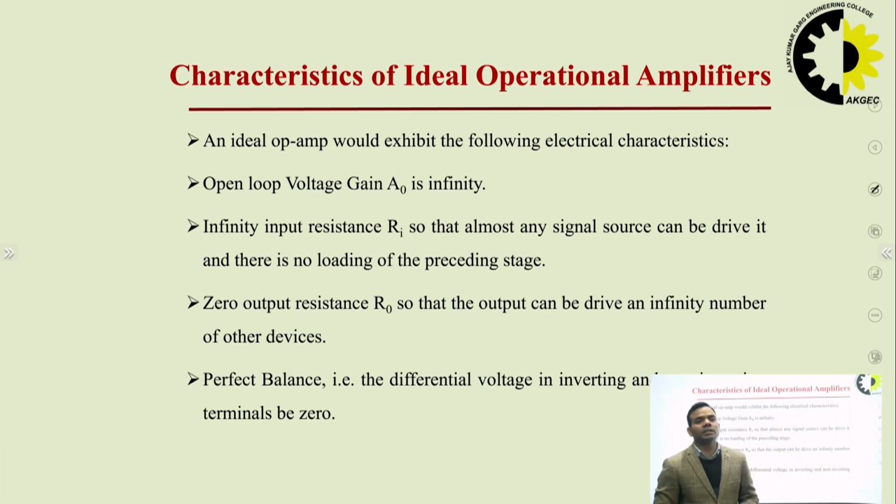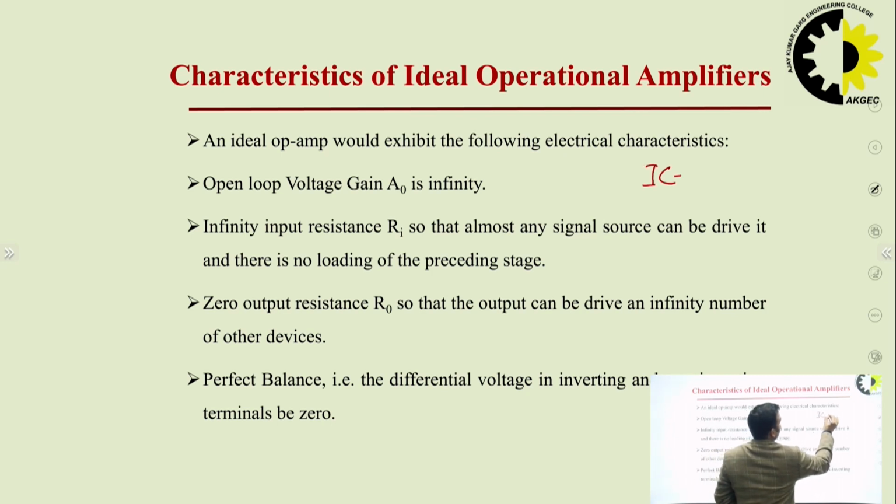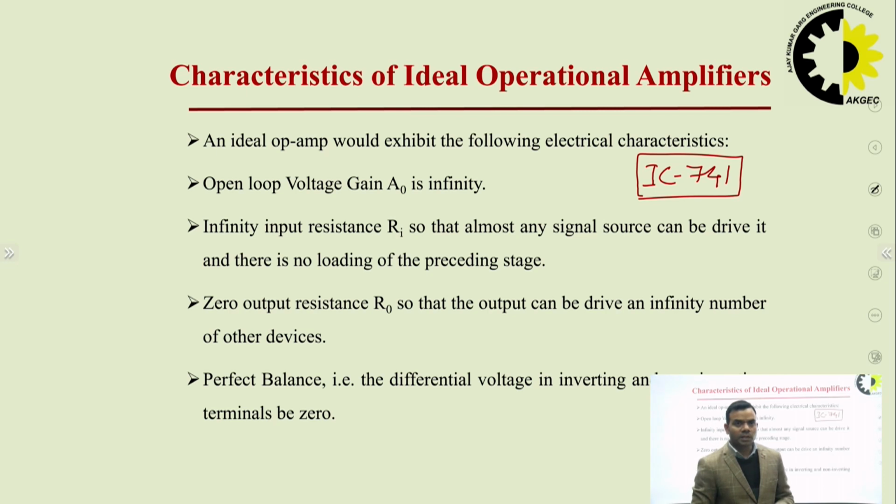For practical devices, there are several integrated circuits available for the purpose of operational amplifier. However, IC 741 is one of the most famous ICs for operational amplifier purpose, that we'll talk about later, but this time we will talk about the characteristics for ideal operational amplifier.